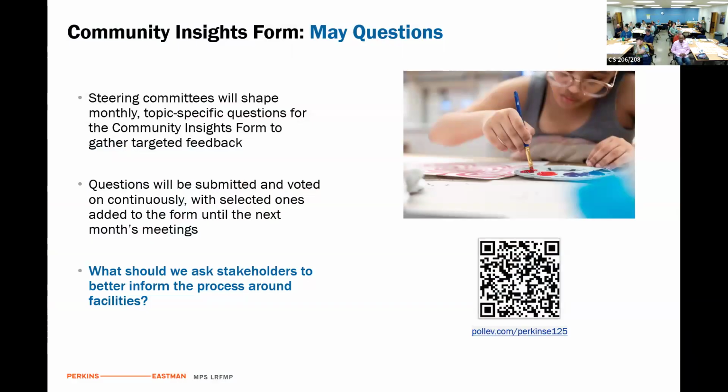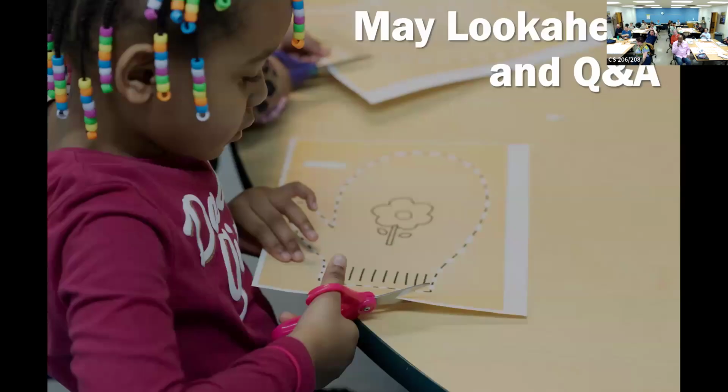Again, we'll be sending out information about the modifications in June to make sure that we are out in front of that. If you have challenges with calendar invites or anything else, please reach out. We want to make sure you have the correct information, but please help us think about what to ask stakeholders about facilities. I know there's some responses on there already about trying to recreate a similar activity for a wider group. So thinking about how we can do that.